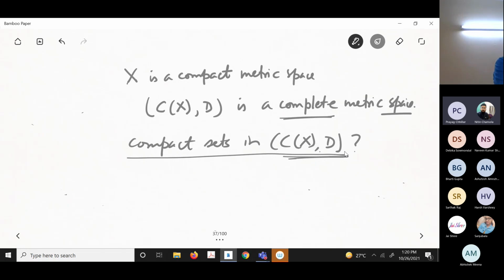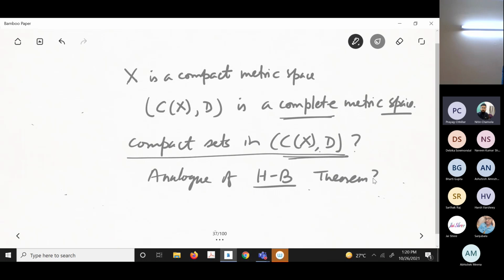That means, is it possible that we have an analog of the Heine-Borel theorem here? Exactly not the same version, but an analog.